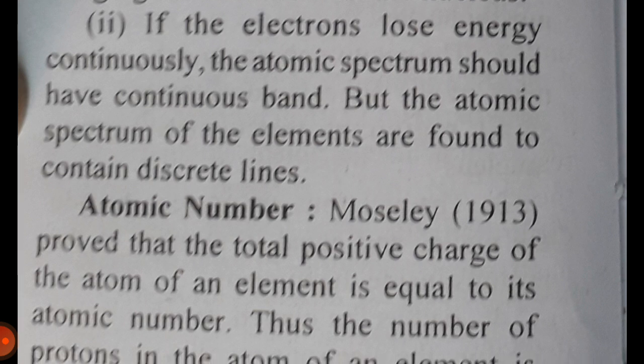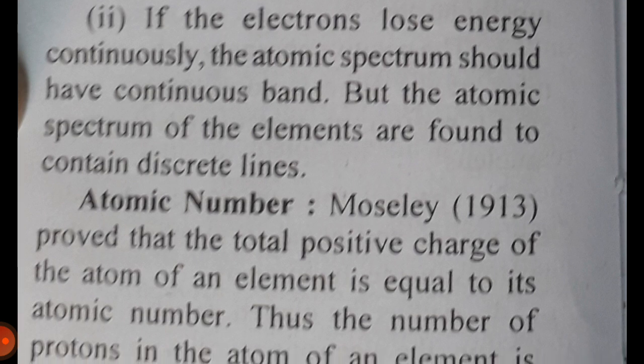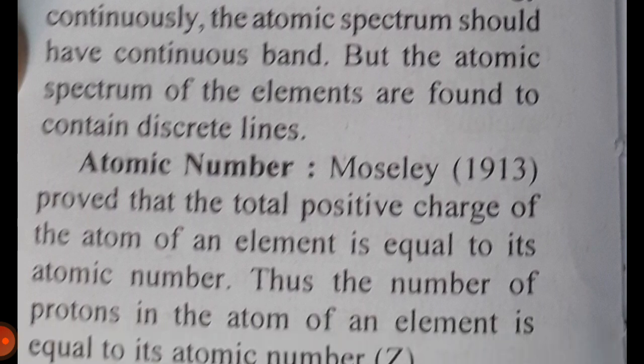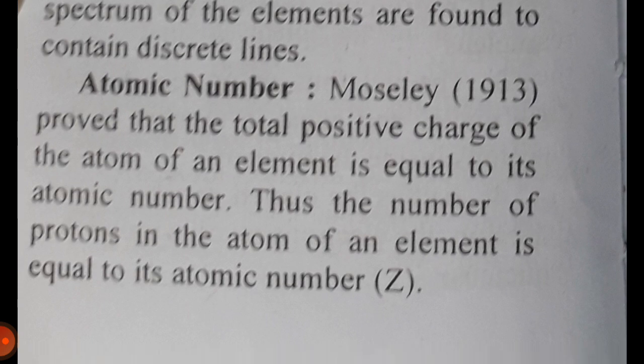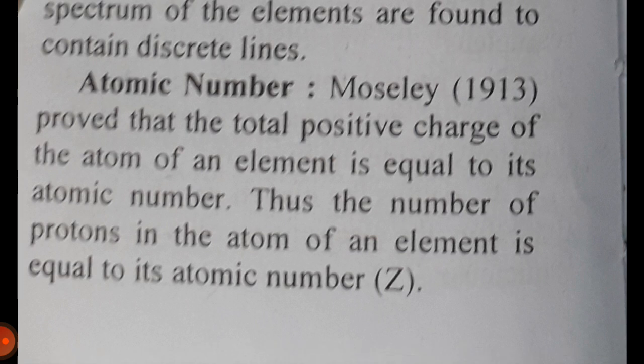2. If the electron loses energy continuously, the atomic spectrum should have a continuous band, but the atomic spectra of the elements are found to contain discrete lines. Atomic number. Moseley in 1913 proved that the total positive charge of the atom of an element is equal to its atomic number.